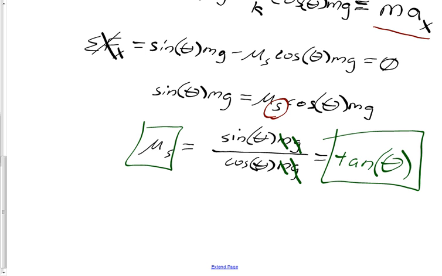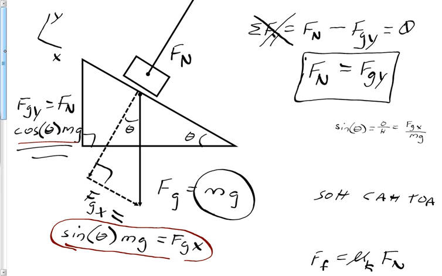And so that is, in a nutshell, about as quick as I can go through it, the friction acting along a plane. To recap, I have a force of gravity acting down. I'm going to always have it. So I break it down into two components, perpendicular to the plane and parallel to the plane.